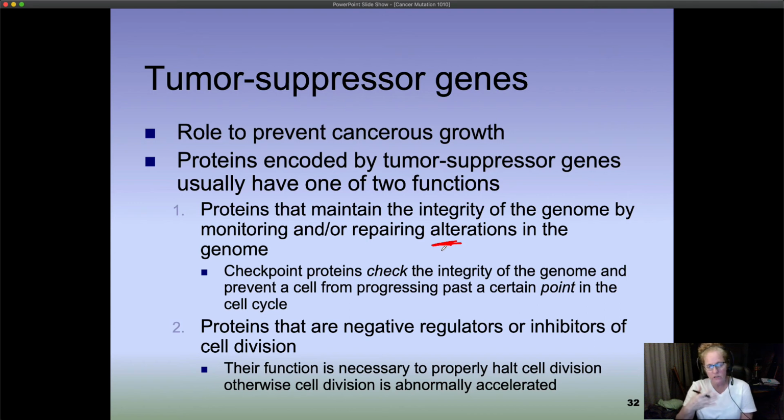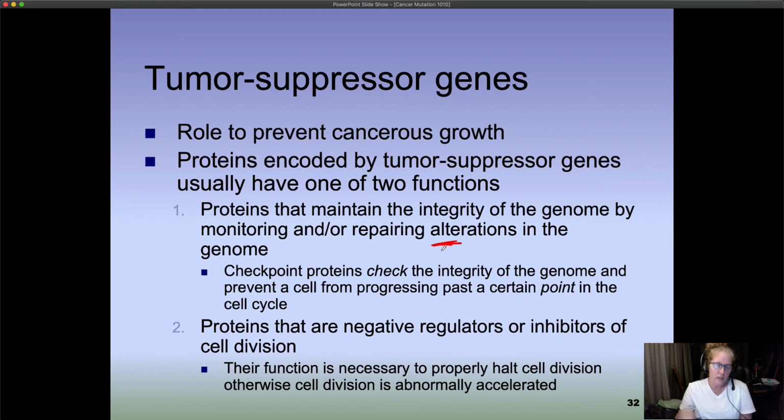When we go through the cell cycle, we go from G1 to S to G2 to M phase. Every time a cell moves from one region of the cell cycle to the next, it's going to encounter what are called CDKs, or cyclin-dependent kinases. And these CDKs are checkpoint proteins. These proteins are basically going to proofread the DNA and make sure that all of the base pairs are properly matched.